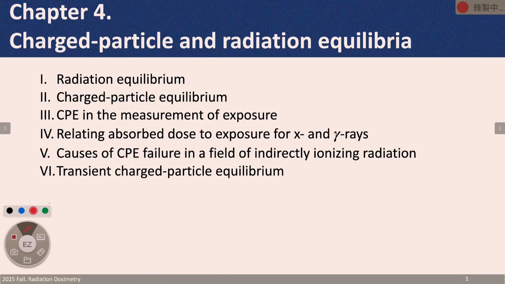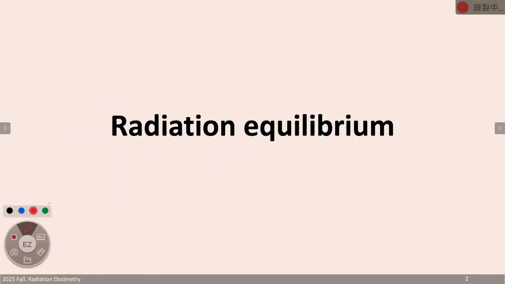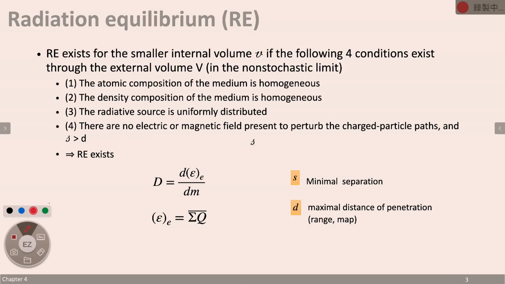So we move to radiation equilibrium first. When we talk about radiation equilibrium, we use RE to express it for a smaller internal volume. Here, you must define the region you are interested in.